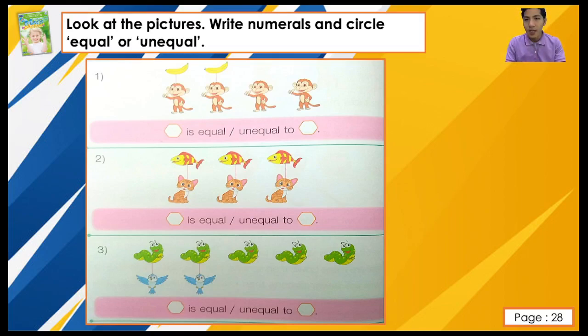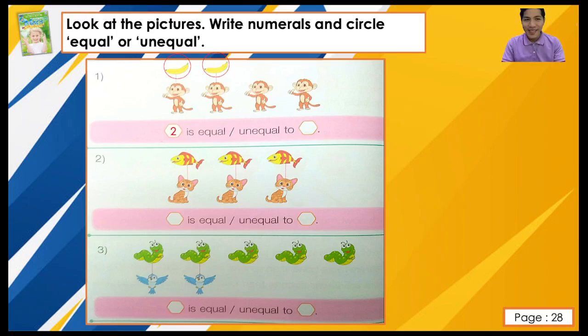What do you see here, grade 1? There are bananas and monkeys. How many bananas are there? Let's count. 1, 2. There are 2 bananas. You will write number 2 in the first box like this.